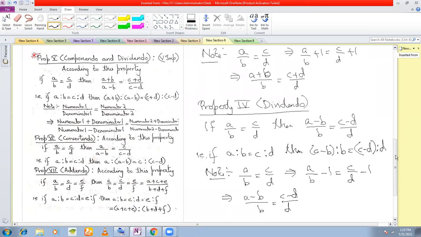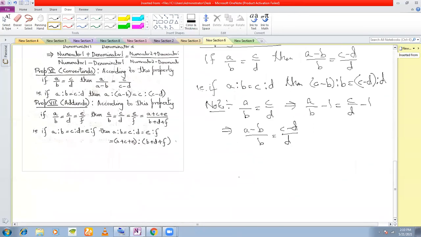Okay. And the next property, which is the most important property, is a combination of the above two properties, the third and the fourth, which is called componendo and dividendo. Okay, so this is property number 5. This mostly we shall be using in the sums, componendo and dividendo.